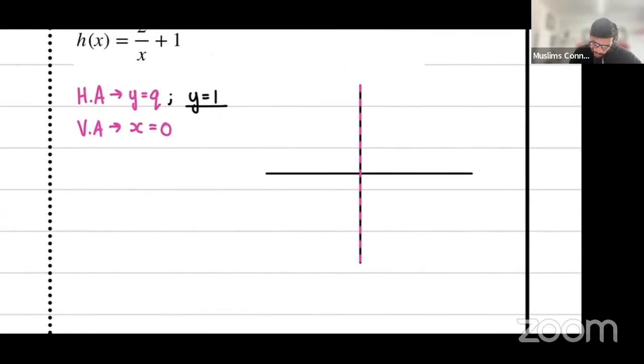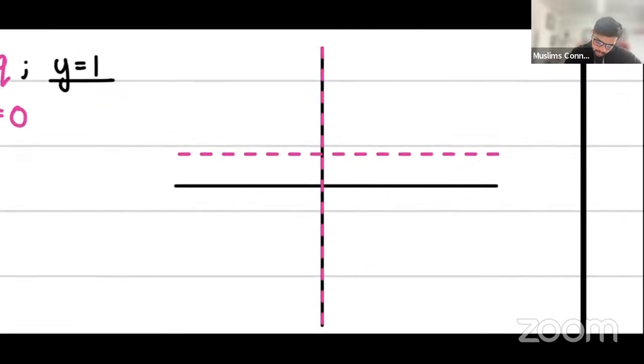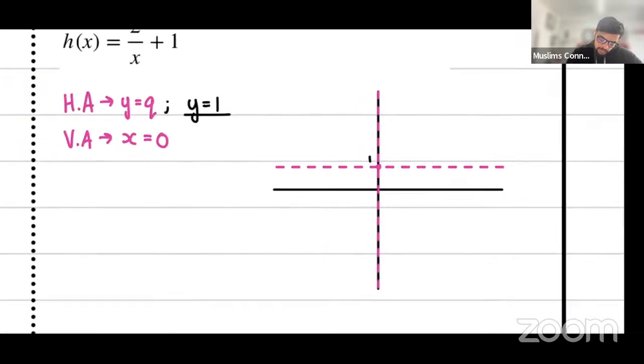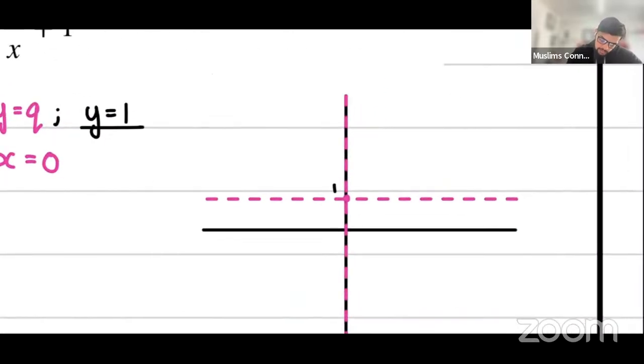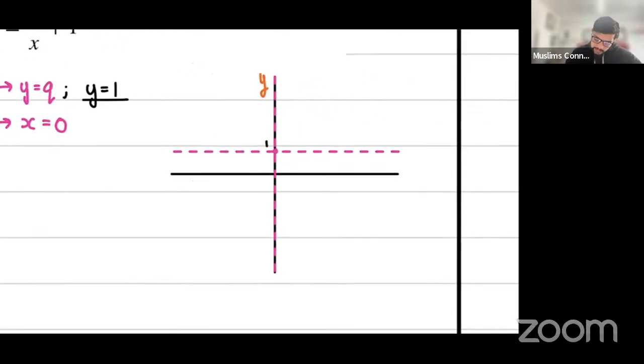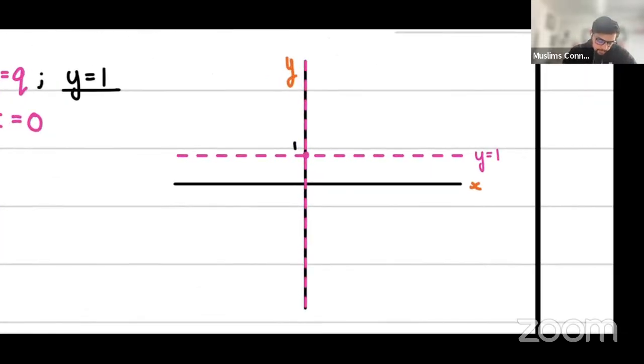So let's say this is where 1 is on the axis. This is our y-axis. This is our x-axis. You can even label this y is equal to 1. You can give it the equation. Right? So far, so good.